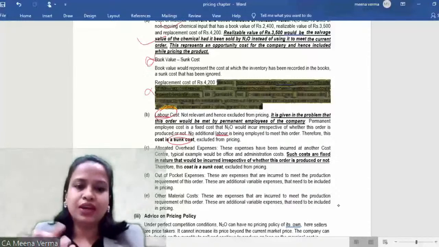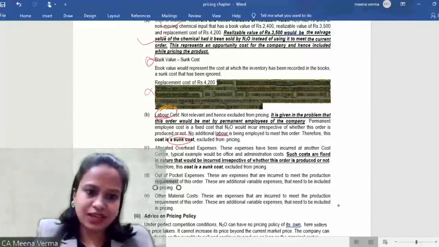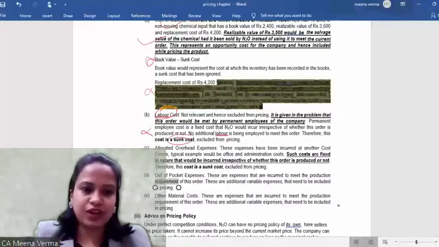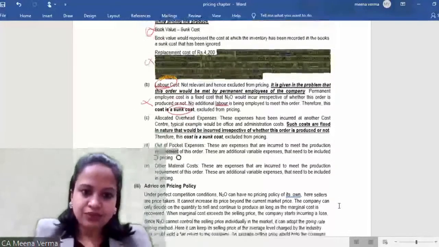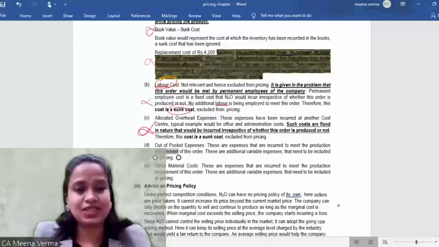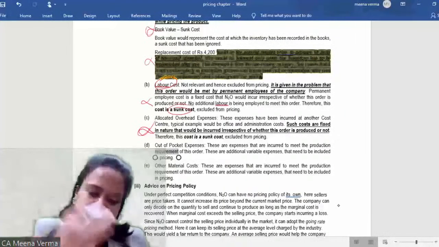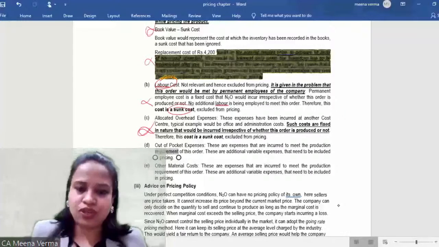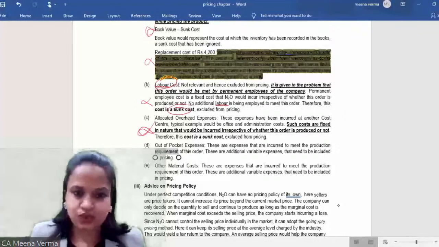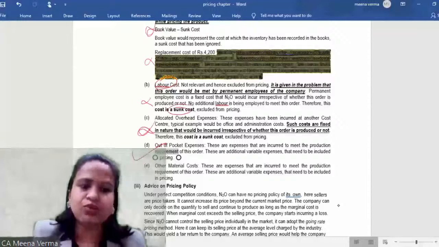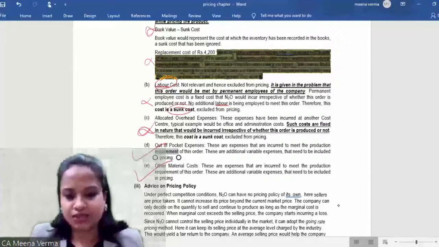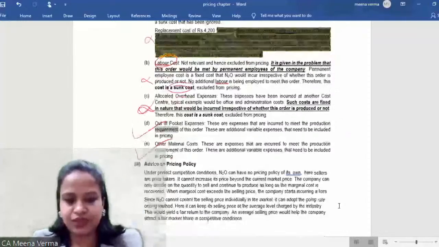That is why it is a sunk cost, and you don't need to consider it for taking the decision. Overhead cost, again, is not necessary to take into consideration. It's a sunk cost, because whether you take the proposal or not, the organization will have to incur these overhead expenses. But yes, you will consider the pocket expenses and other material cost.